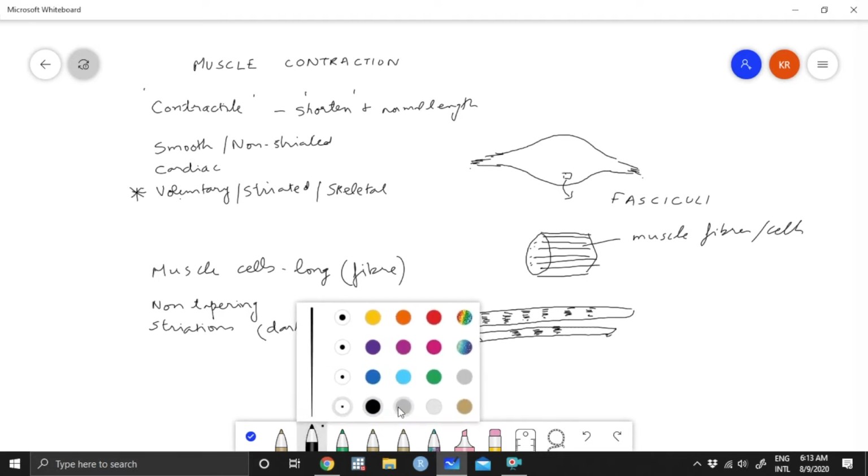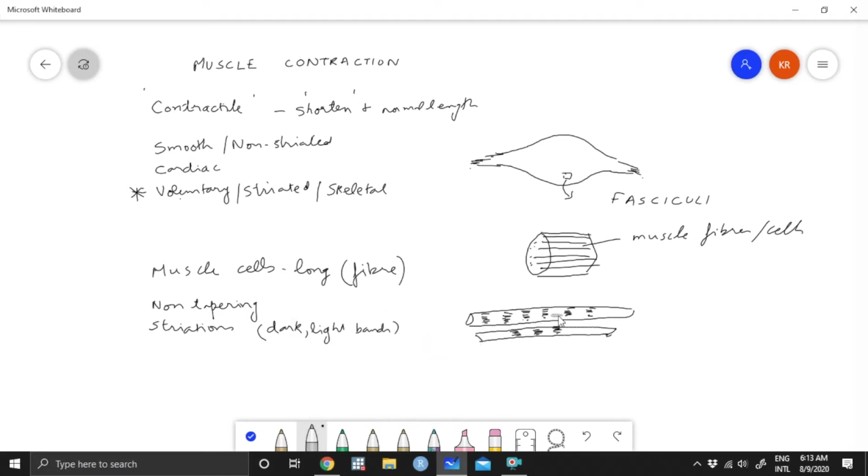And another thing that we often see is that they appear to have several nuclei.